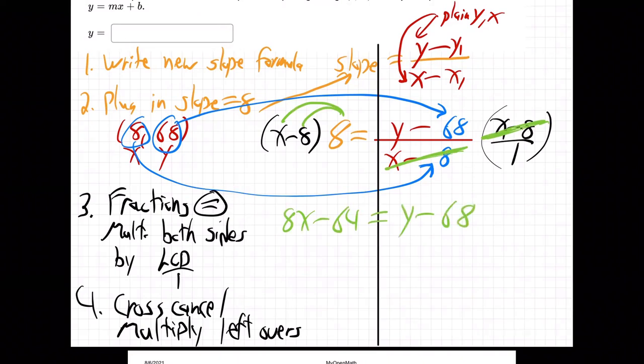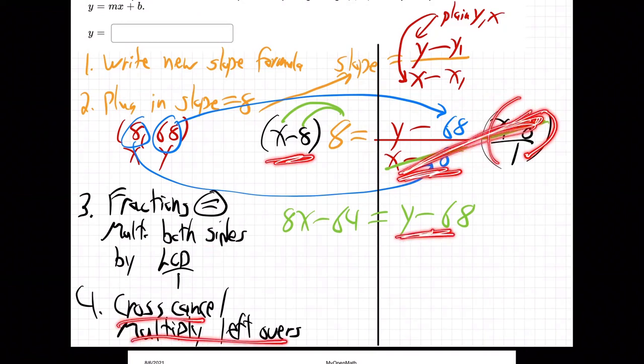Did you see what happened there? Let me go slow on this. We multiplied by the common denominator. That's what we always do. We've learned that a long time ago: when we have fractions with an equal sign, we multiply both sides by the LCD over 1. So I multiplied by x minus 8, that's the denominator, over 1, and the other side by the same thing. These guys cross cancel, just bring down the y minus 68. This guy multiplies, because he doesn't cancel.